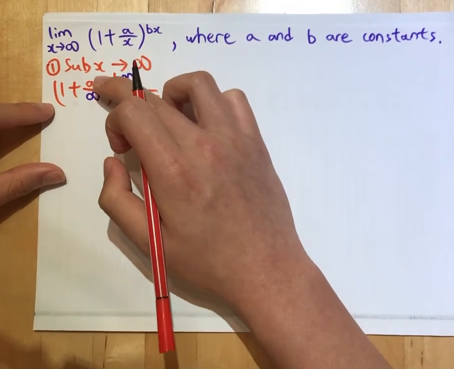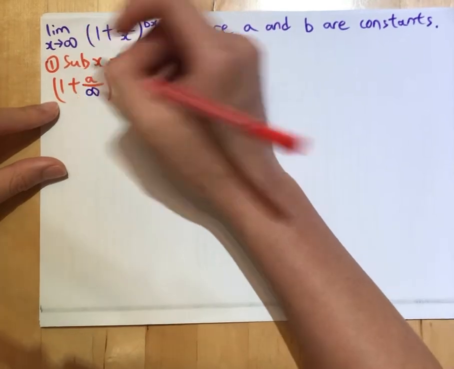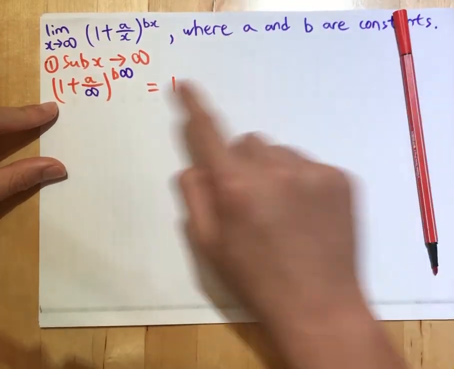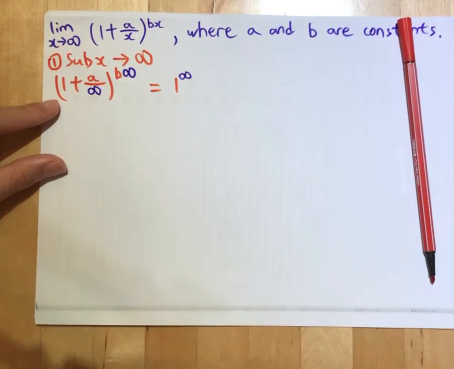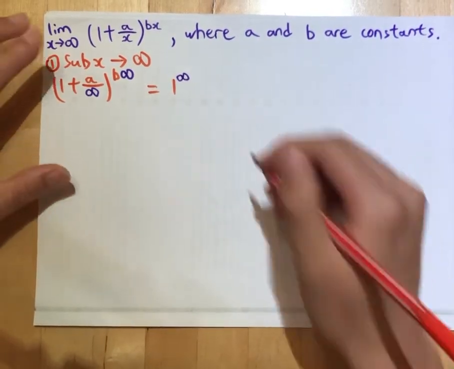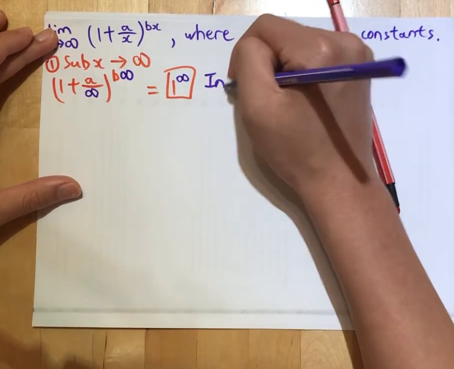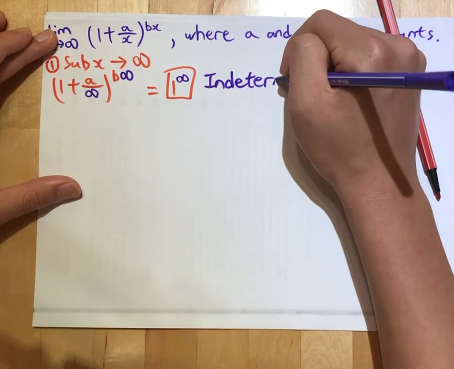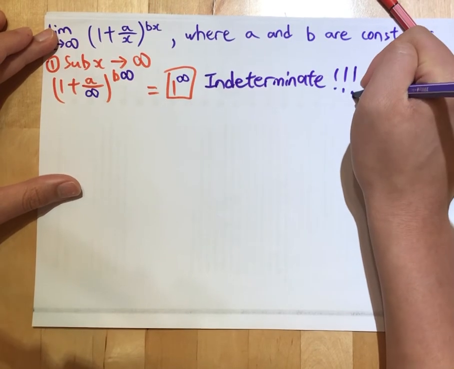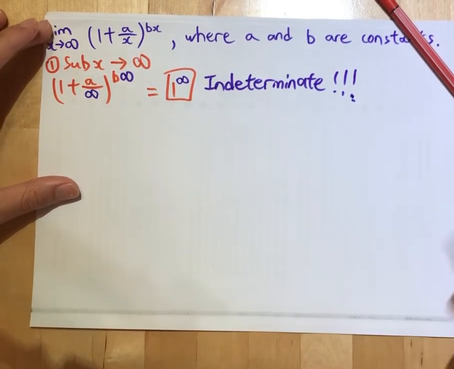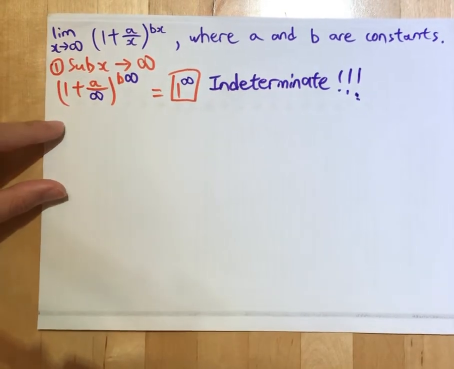Now whenever we have something divided by infinity, we get 0, so 1 plus 0 is 1, to the power of b infinity is the same as infinity, so we get 1 to the infinity power. But this right here is actually indeterminate. So that means we will need to do some work to this limit.